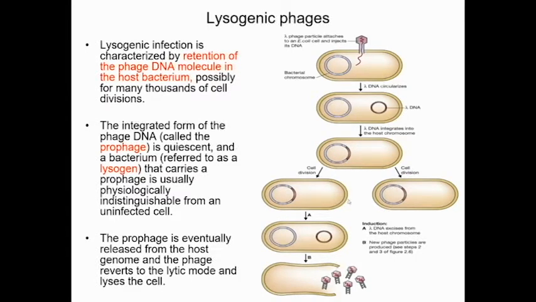And when the timing is right, they will switch from lysogeny to the lytic cycle, and then they will cut the viral DNA from the bacterial chromosome and become extrachromosomal, and then they can duplicate, express, package the viral DNA and then lyse the cell.